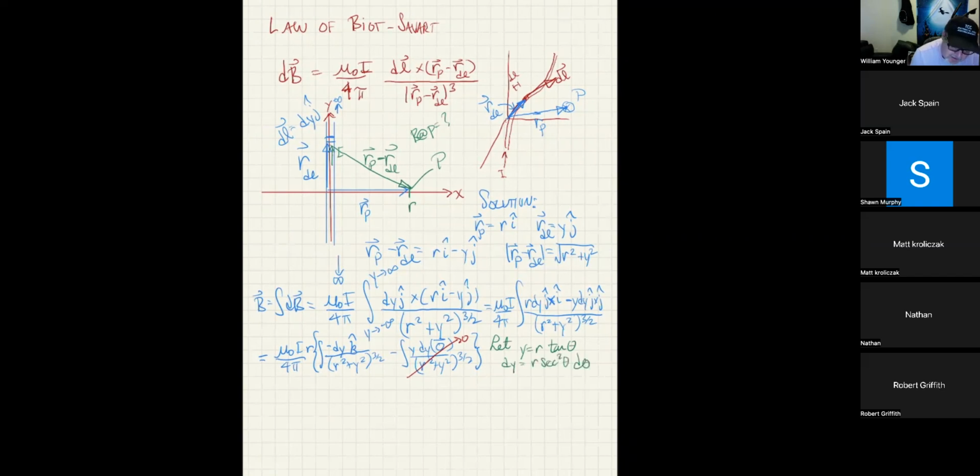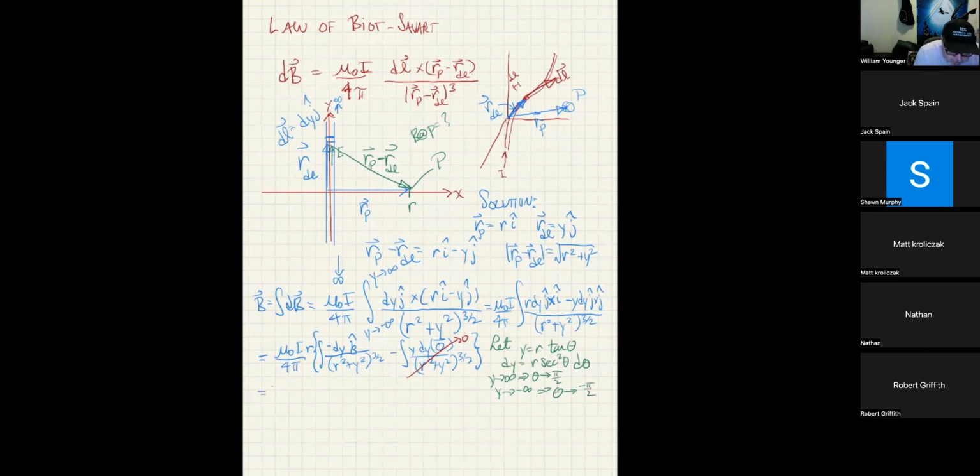Not only that, y going to infinity implies theta goes to pi over 2, and y going to negative infinity implies theta goes to negative pi over 2. So we can go ahead and change variables completely and change the range of integration. So when I do that, don't forget, we had a negative in there and a k hat.